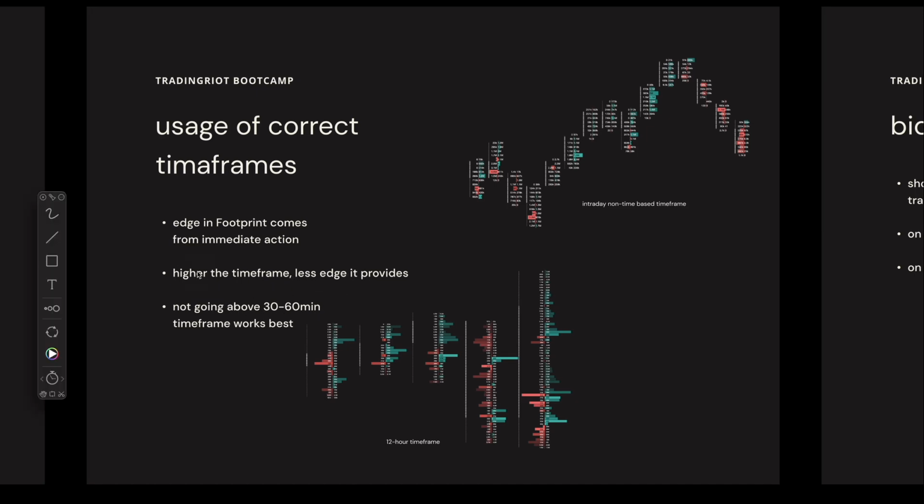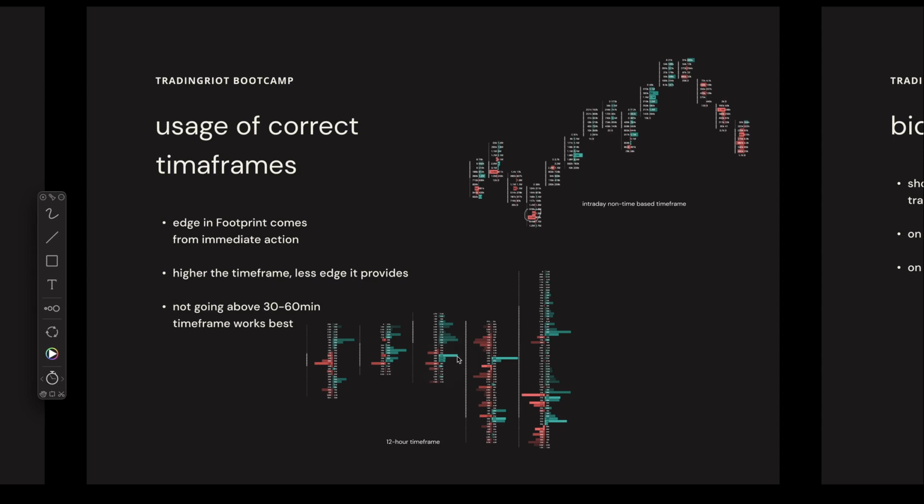This is something I already talked about, and you can see there are two footprint charts. This is a tick chart and this is a 12-hour time frame. On a tick chart, you can clearly see where one side is getting aggressive, where the buying and selling is happening, because since it's a short time frame, these imbalances are really going to be pointed out.